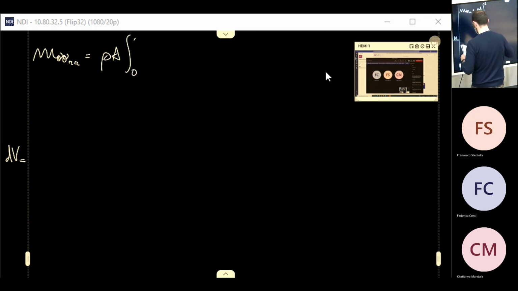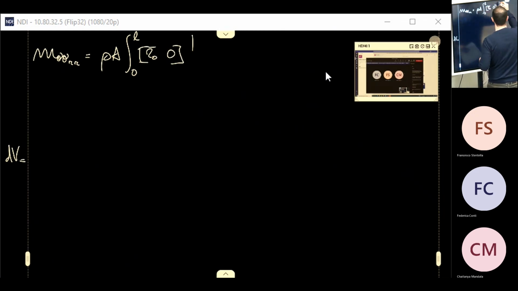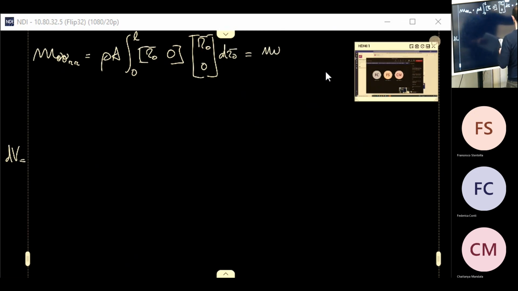Well, m theta r. Again, we can go linear. This is quite trivial to resolve. Okay, so this is the first scalar.